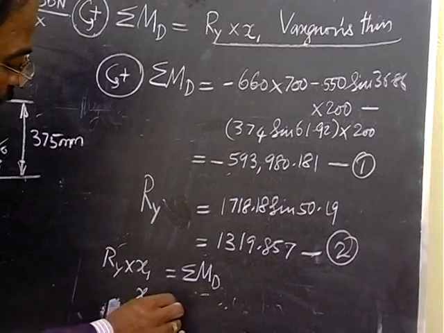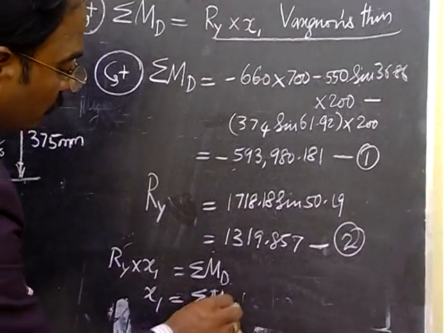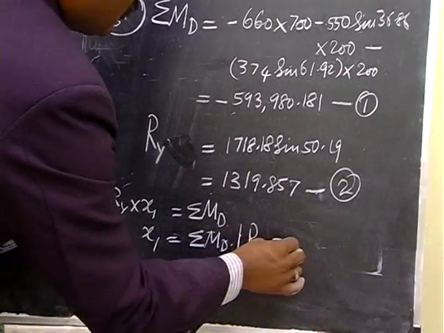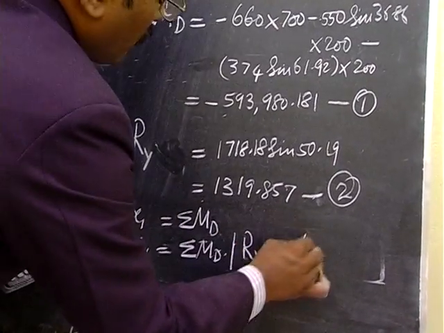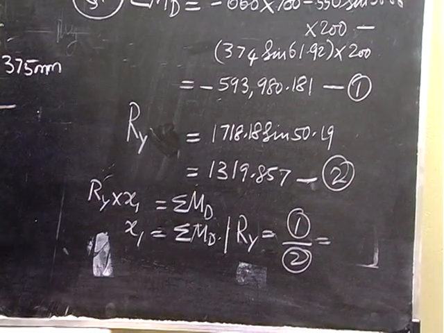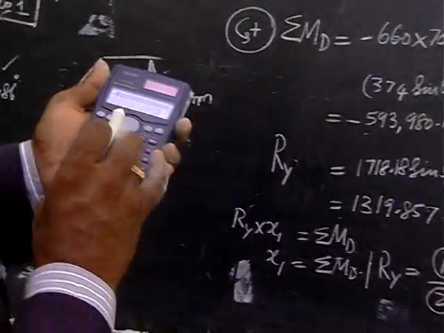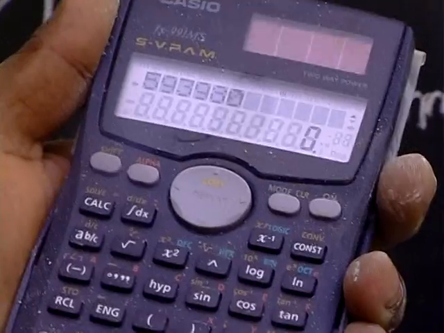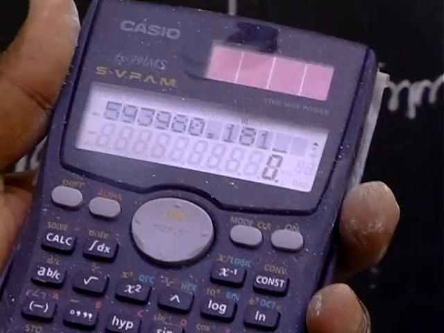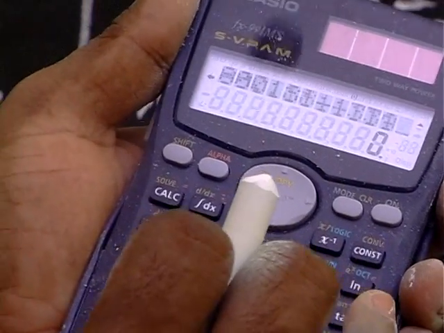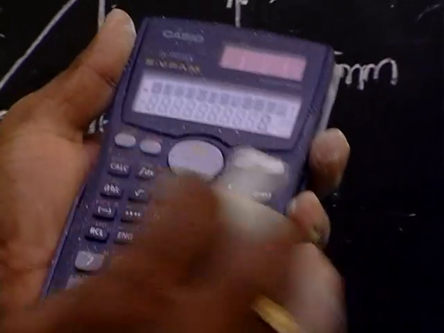x1 is calculated as sigma MD divided by Ry. So this is nothing but equation number 1 divided by 2, that is 593,980.181 divided by 1319.857.